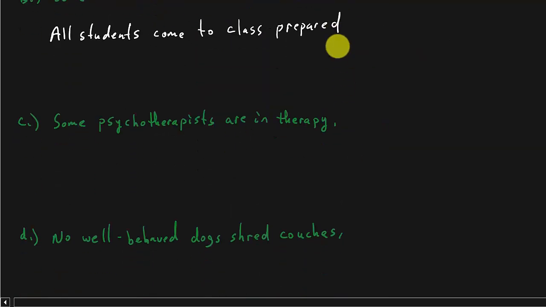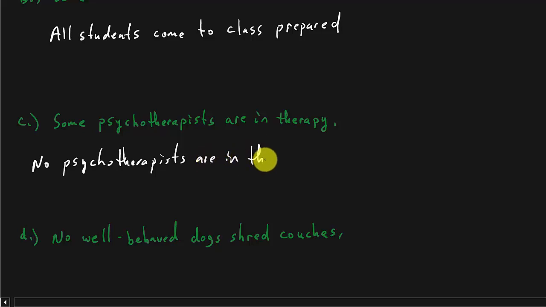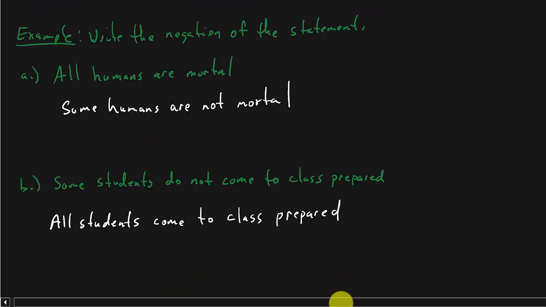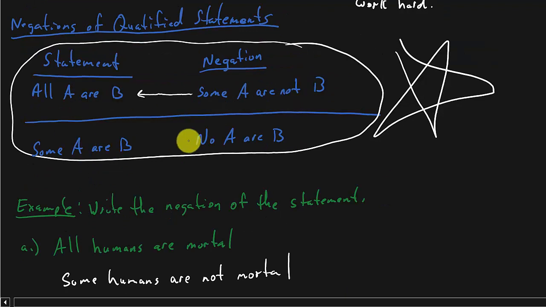So that would be no psychotherapists are in therapy. And that would be the negation. See, just like I said, just go back up here and try to memorize this, know this, and then you can just go back and forth. Just write that on your test as soon as you get it.